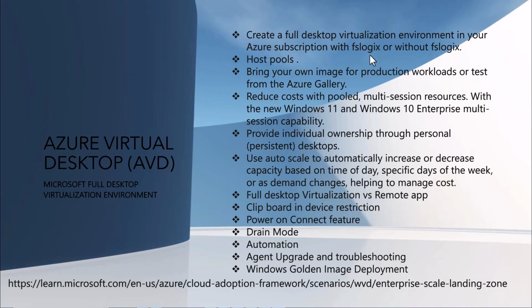The reason we have our own golden image deployment is to make sure all the virtual machines within the host pool have the same software installed, the same settings, and the same Windows desktop, so everyone sees the same thing. This is very useful when you have a department that uses the same software or application.